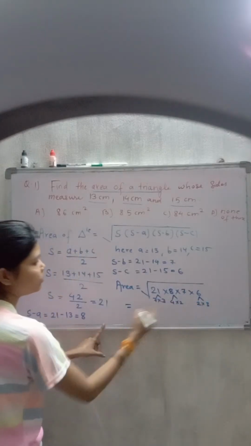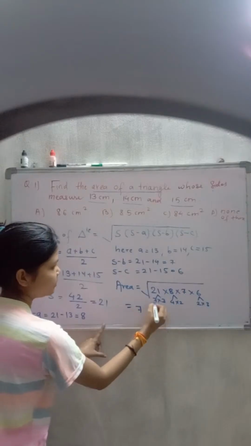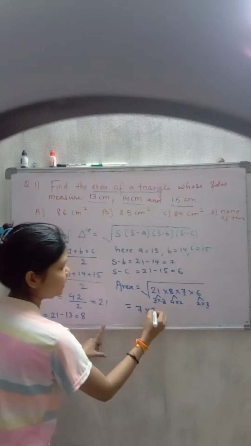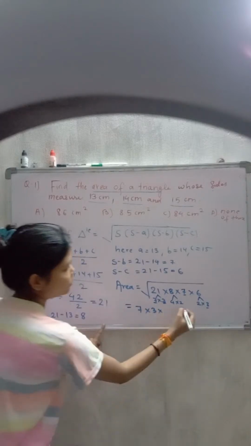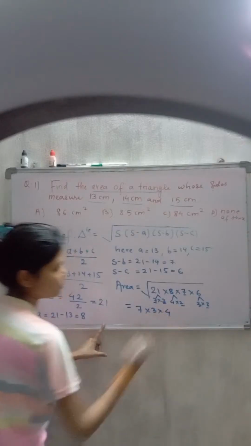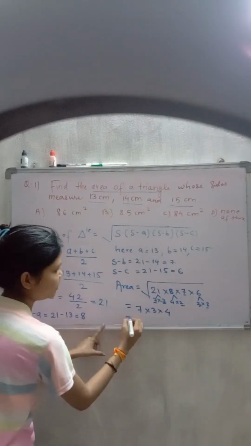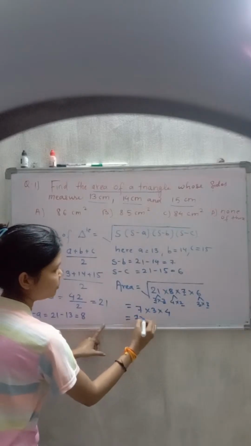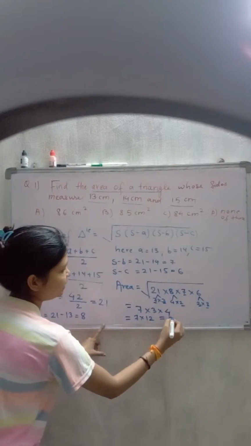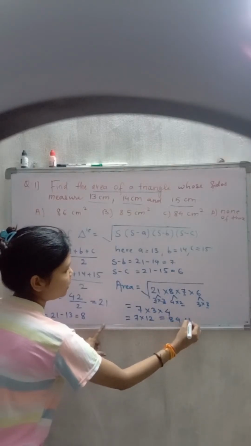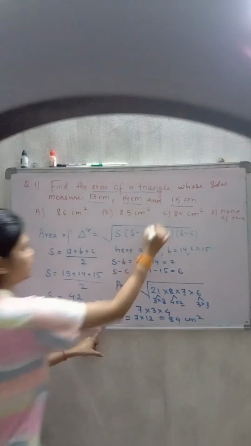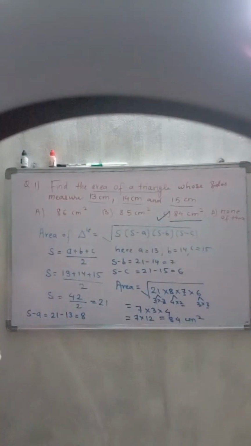So from the square root we can take common 7 into 3 into 2, 2s are 4, into 4 is 4. So 7 into 12. 12 sevens are 84, and the unit is centimeter square for area. Option C is the correct answer.